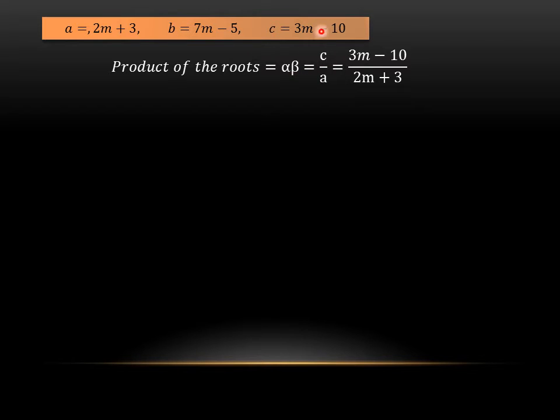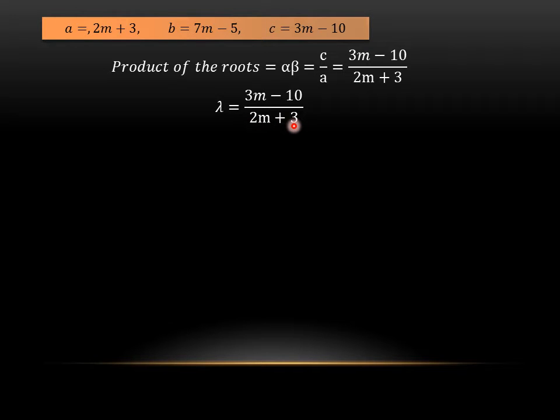Putting the value of c, which is 3m minus 10, and the value of a, which is 2m plus 3, we will get the product of the roots. As the question states, both the sum and the product of the roots should be equal to lambda. It means we will replace alpha beta with lambda, and the fraction will remain the same, which is 3m minus 10 over 2m plus 3.